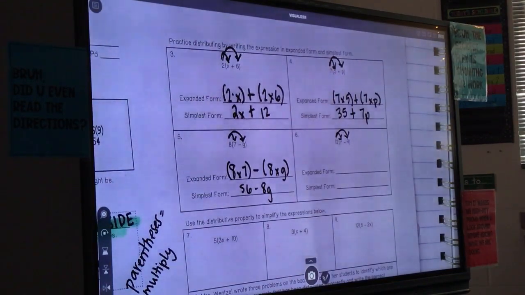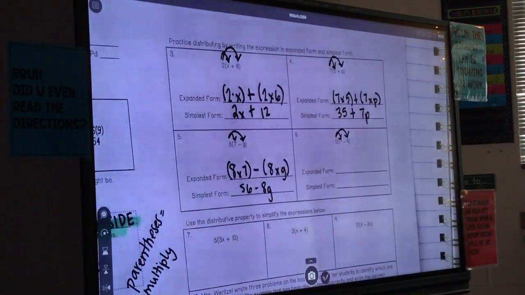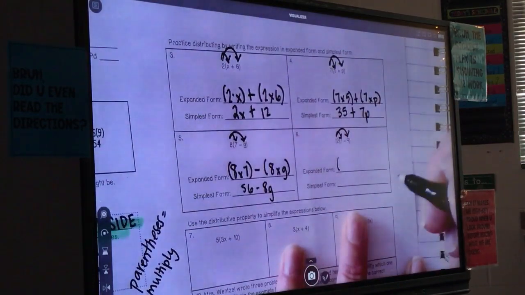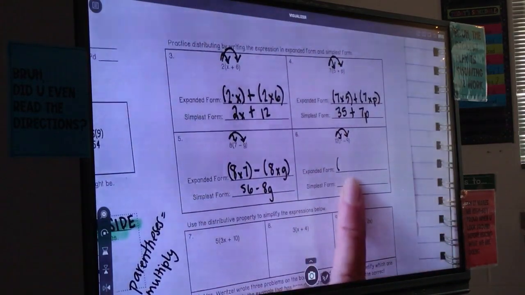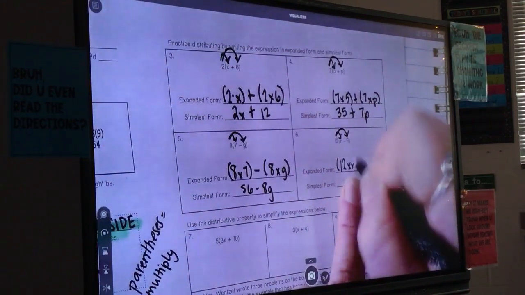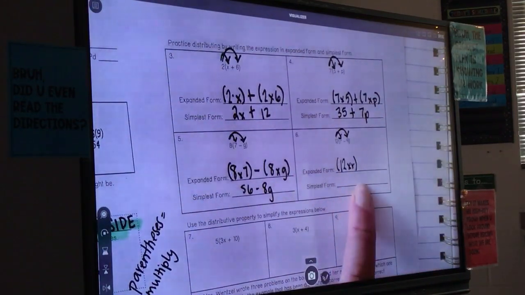All right. Oh, what'd you get? Like, what is my expanded form? So what do we put inside our first parentheses? 12 times R. Perfect. And then is it minus or is it plus?